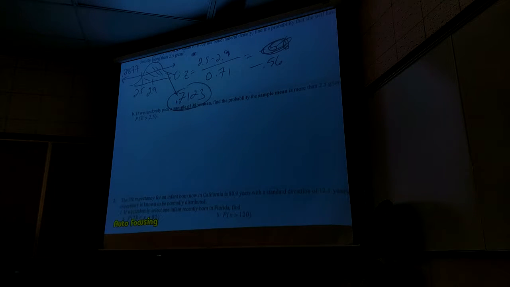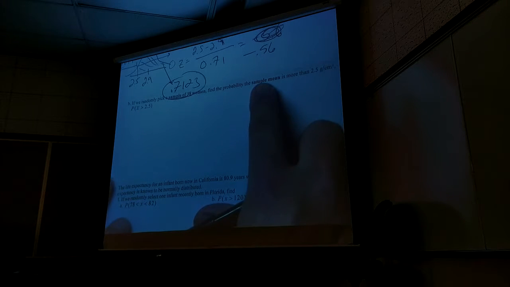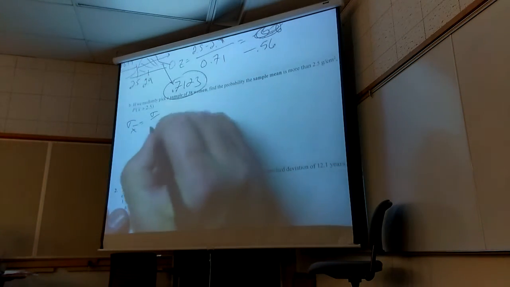Okay. So what happens in part B? Standard deviation's got to change because I did two things. I took a sample and I'm asking about the sample mean. I'm not always going to be nice and bold it like this. You got to look for it. So the very first thing I'm going to do is figure out what the standard deviation is now.